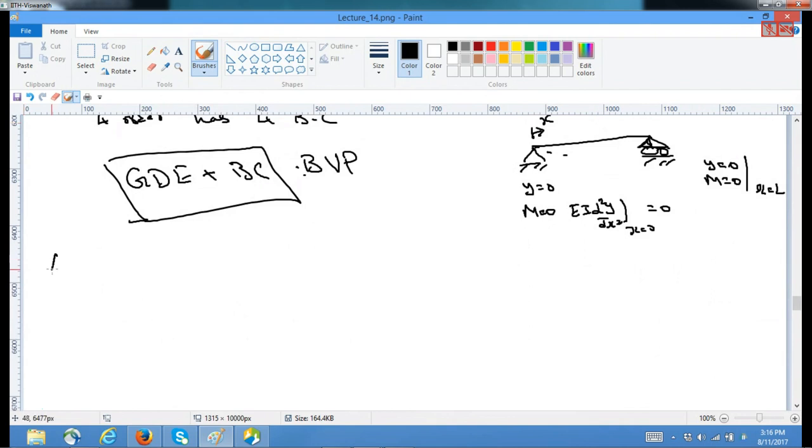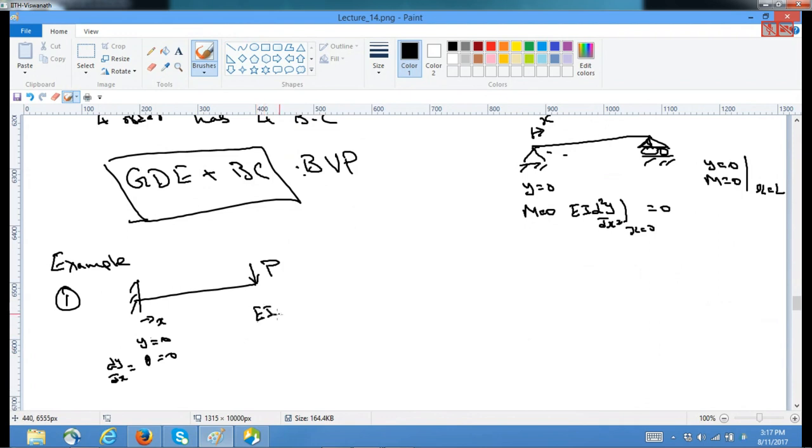For example, the first example is the simple thing you might have already done n number of times in your life. So let me measure x from here. So y is equal to 0 and theta is equal to 0. Theta is nothing but dy by dx, which is 0 at x is equal to 0, and this is P minus.